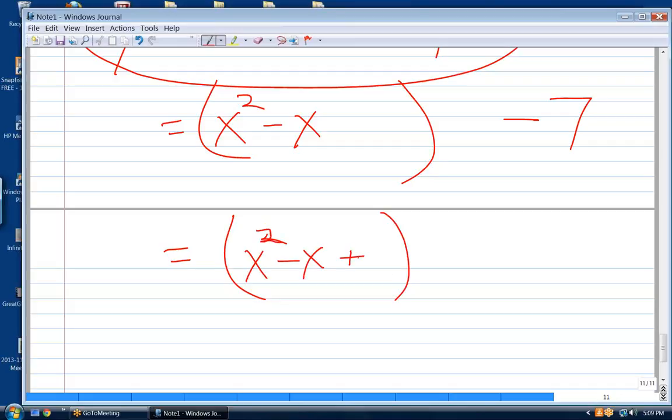What do I have to add here? You divide negative x by 2, then square it. So you divide the coefficient of this by 2. So the coefficient is 1. So it would be 1/2 squared, which is 1/4.